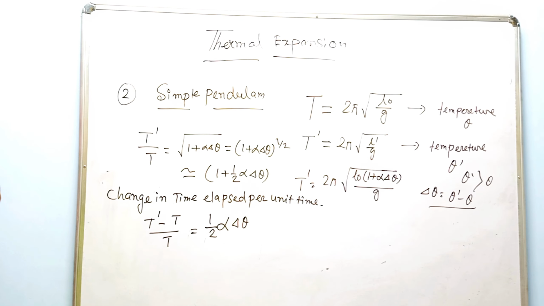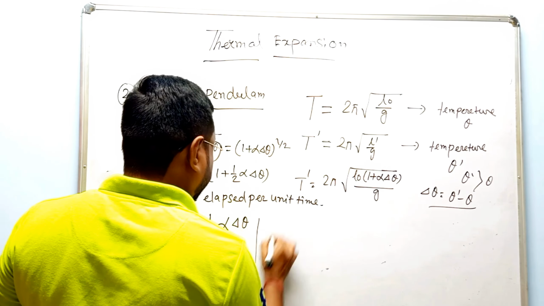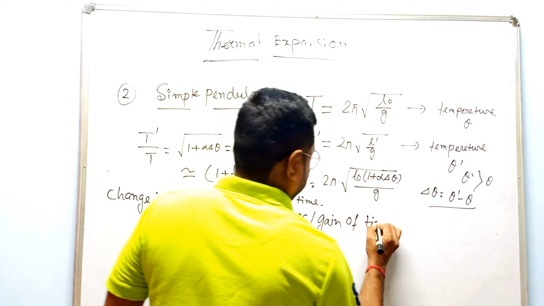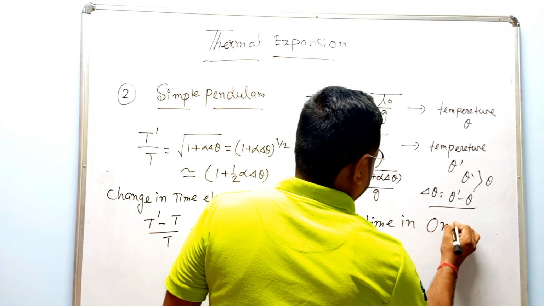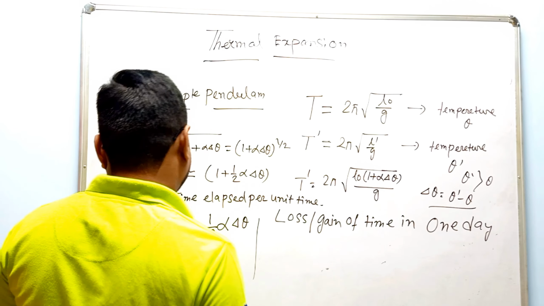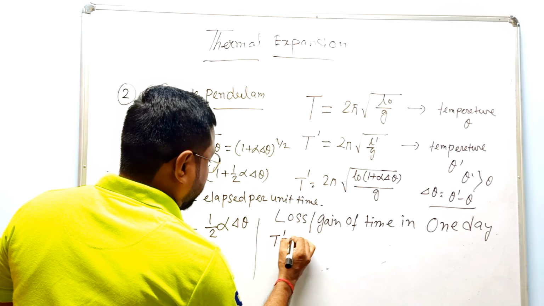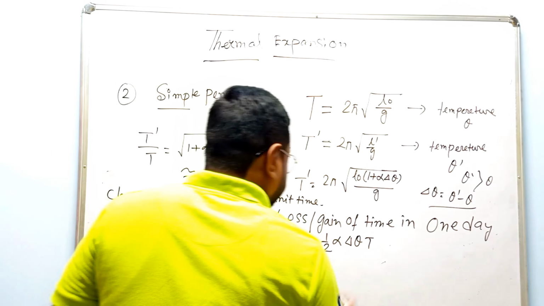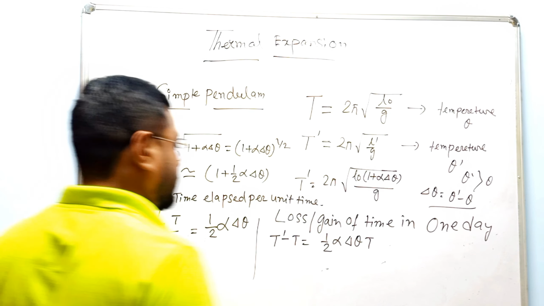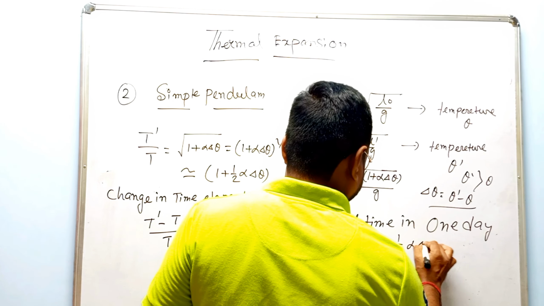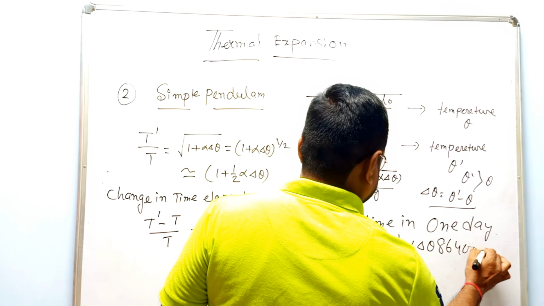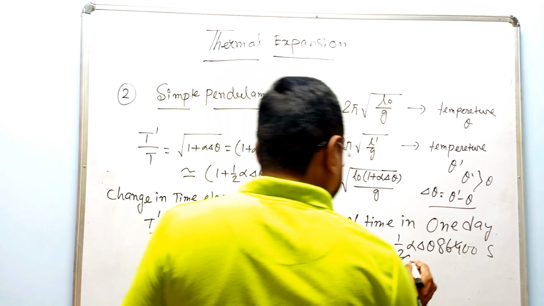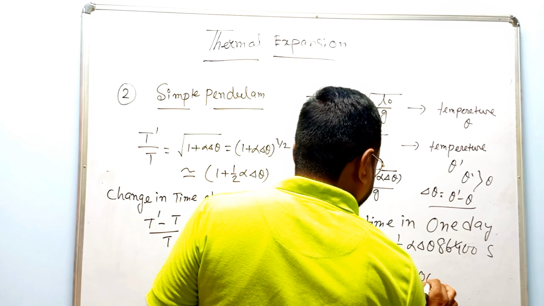Now the loss or gain of time in one day: T dash minus T becomes half alpha delta theta into T. In one day T is 86,400 seconds, so if we cut it, it is 43,200 alpha delta theta.